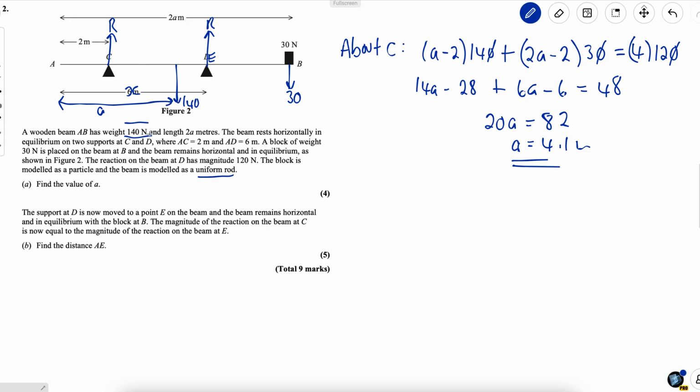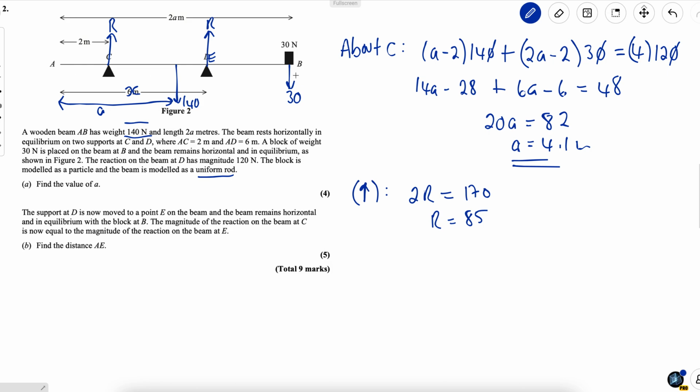Now, I can take moments twice here and have simultaneous equations, but it's actually simpler to resolve vertically first, and you're less likely to make a mistake when you do that because you don't have to have force and distance included. So upwards forces, 2R, balance out with the downwards force, 170. So that means that R is 85.